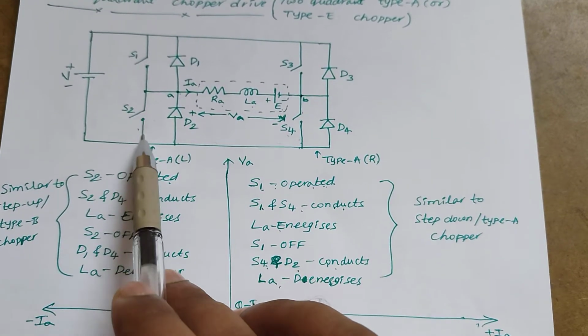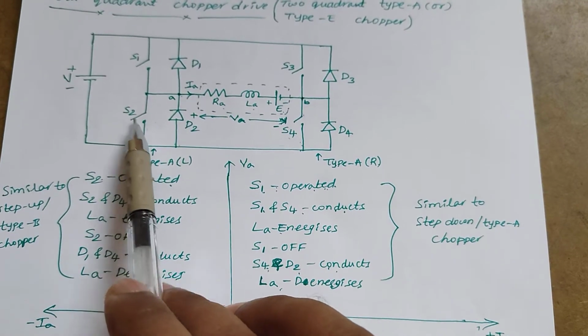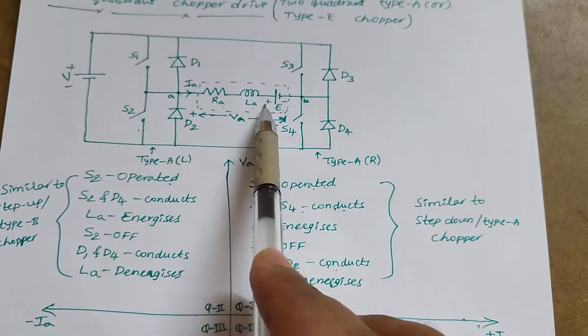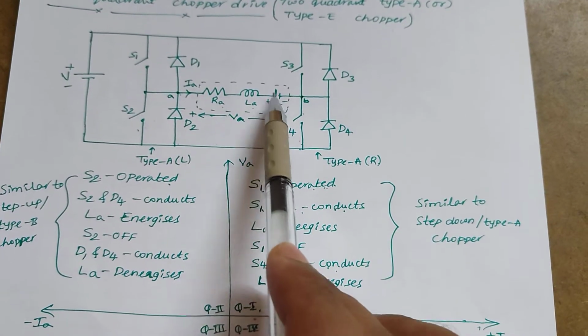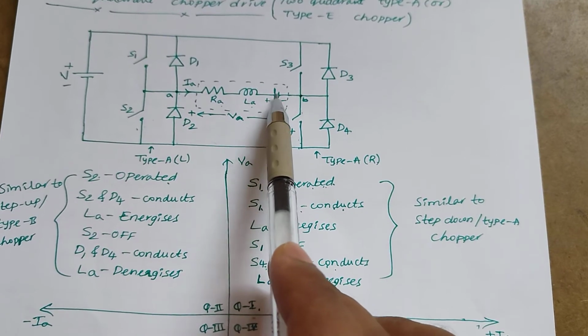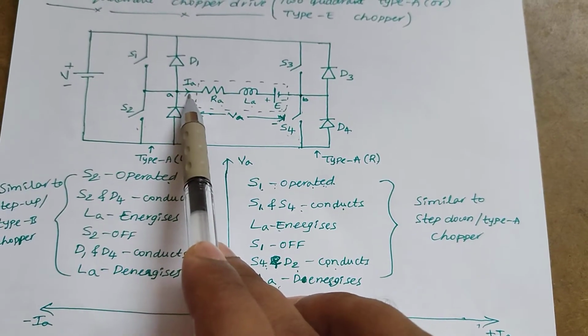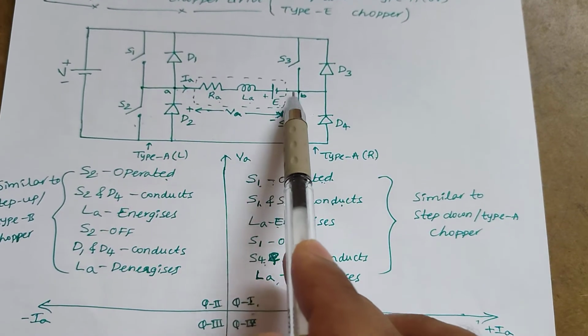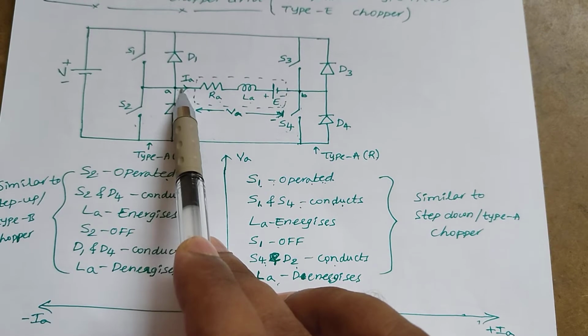When you turn on S2, the supply is nowhere in conduction with the motor. Hence the back EMF in the motor will work like a source and it will allow the current from B to A, opposite to the conventional direction. So IA will become minus IA.